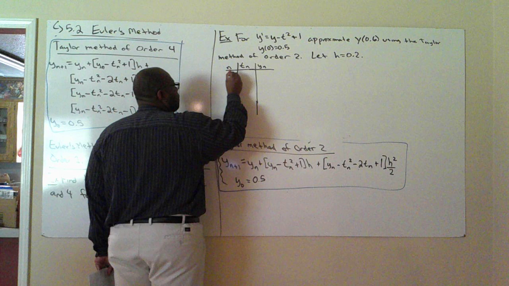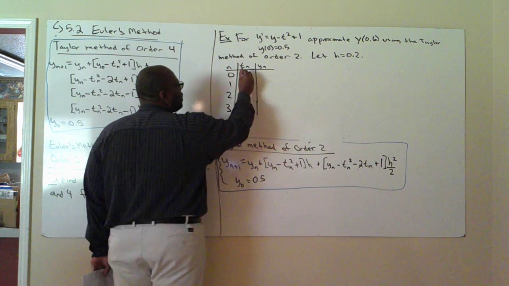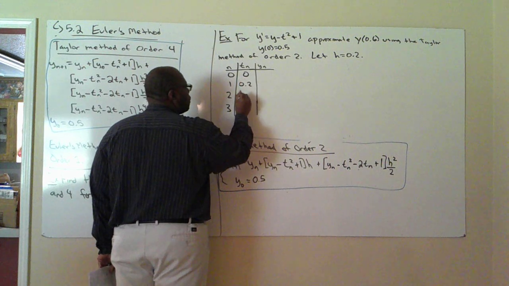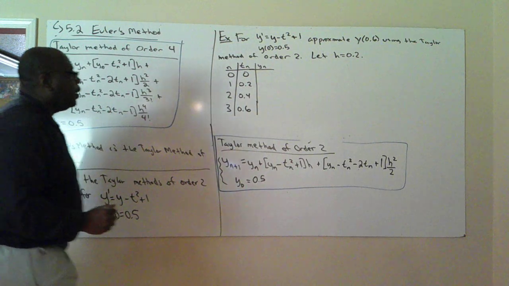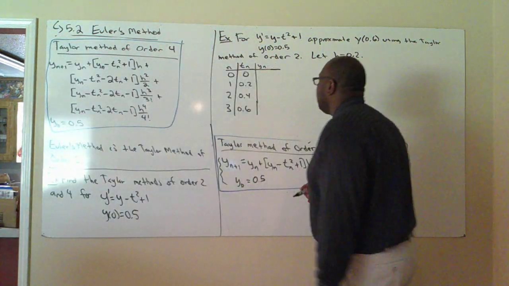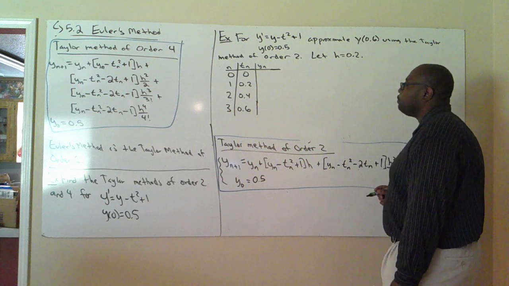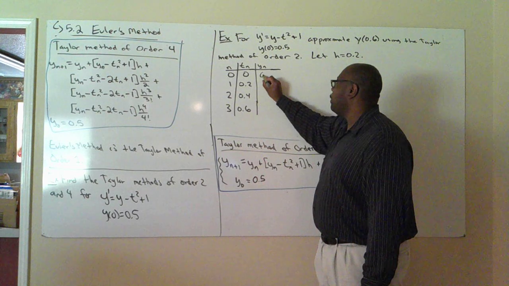We have n equals 0, 1, 2, I think 3 is what I need. So I have t values 0, 0.2, 0.4, 0.6. And I want to calculate the y values here, so I need to calculate 3 y values, because I'm already given y sub 0. y sub 0 is equal to 0.5.